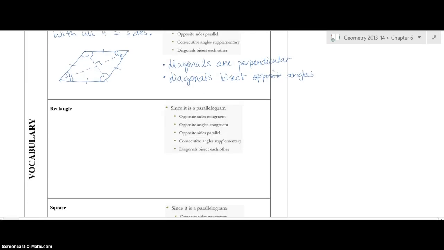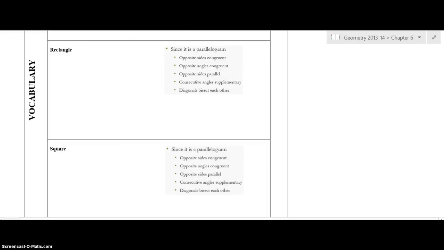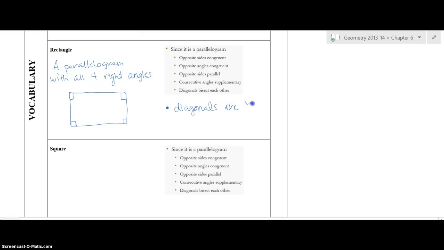Okay, so next up is the rectangle. And the rectangle is just a parallelogram with four right angles. So we can draw a parallelogram with four right angles. And one property that is special to the rectangle is that the diagonals are congruent.